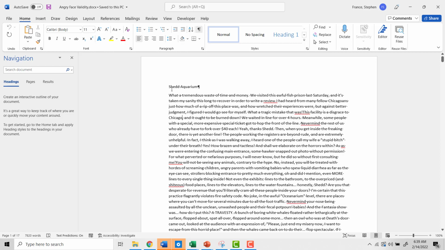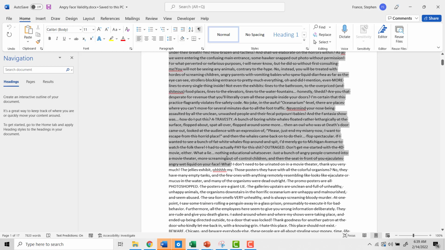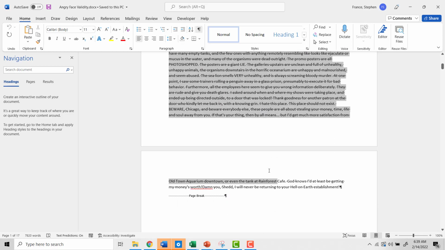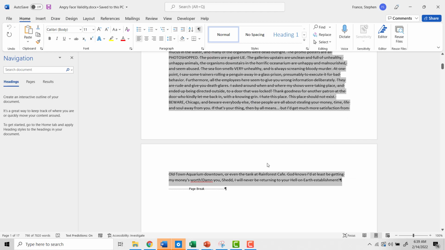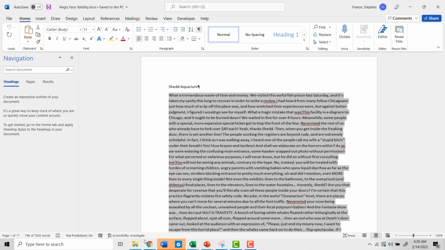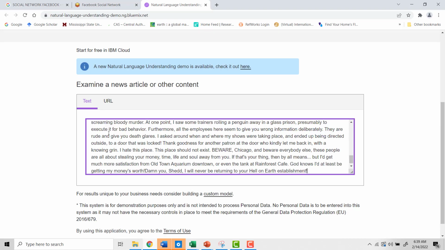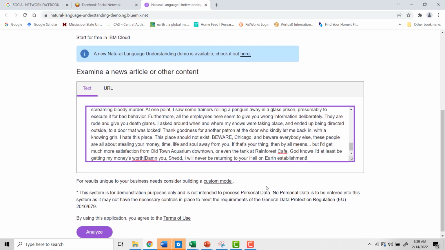I don't know how people could get so angry about an aquarium, but this person obviously hated it. If you just look at this review, it's very, very angry. So we'll go through this review of somebody who was incredibly angry about the Shed Aquarium.